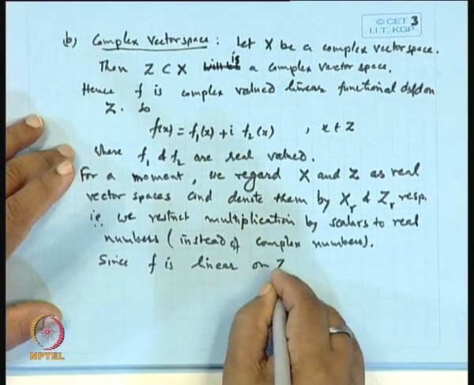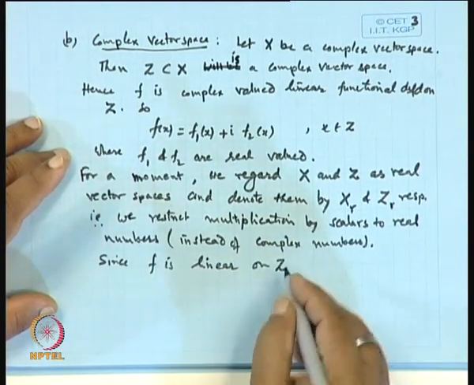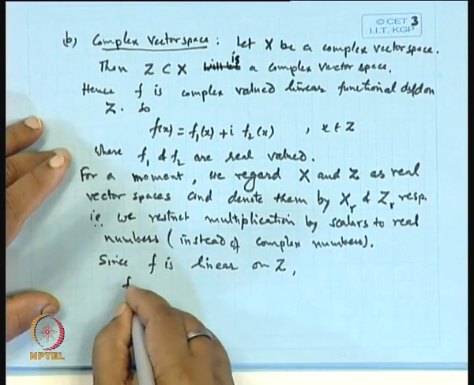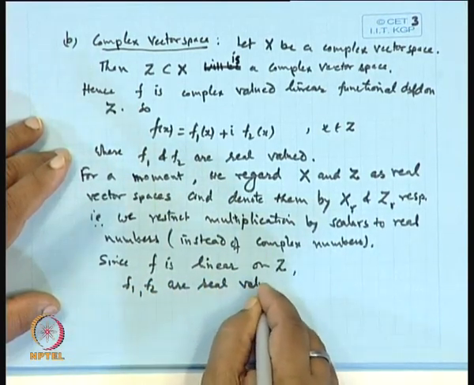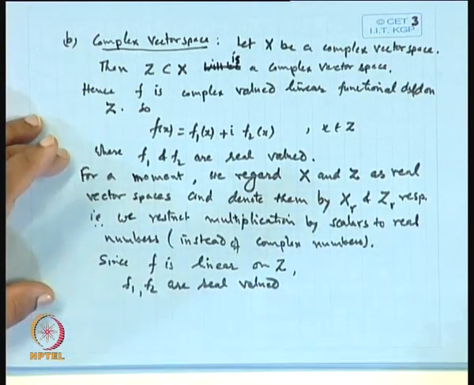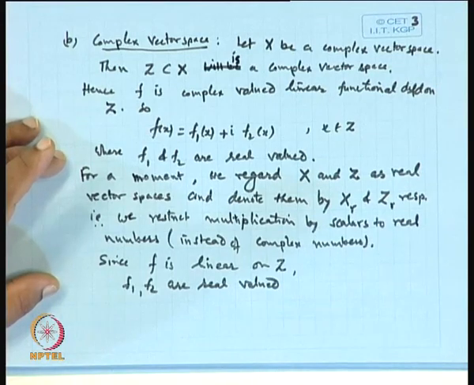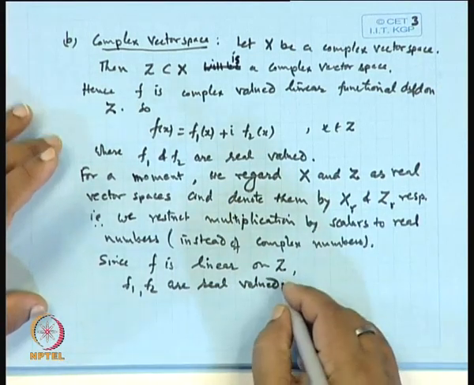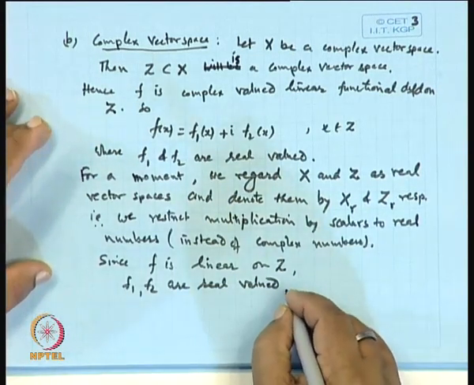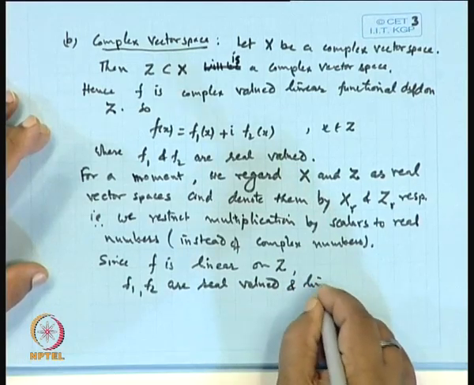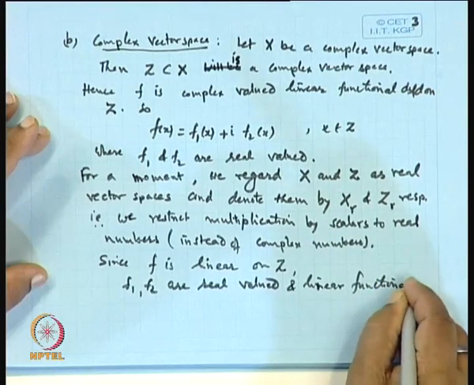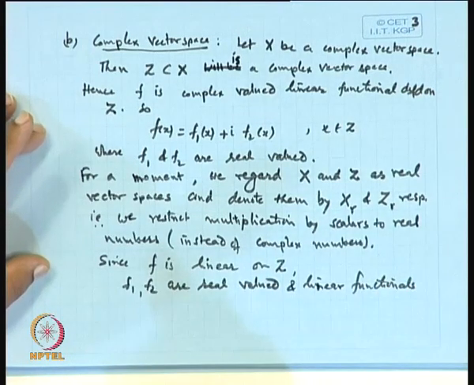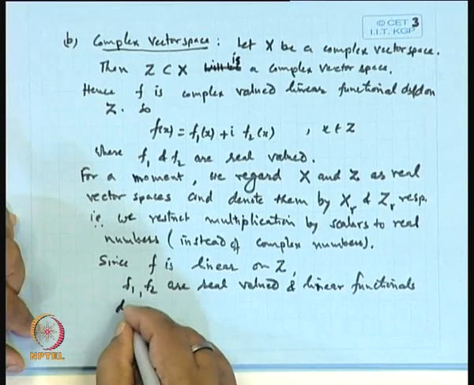Now, since f is linear on z, f 1 and f 2 are real valued and linear functionals defined on z r.